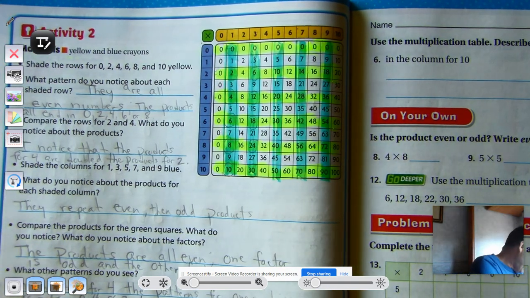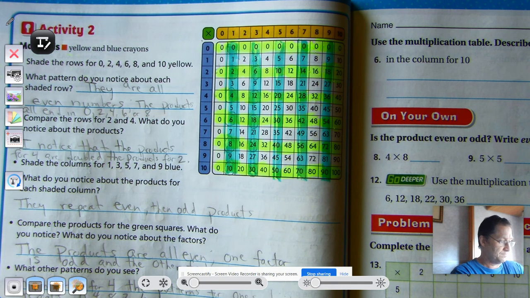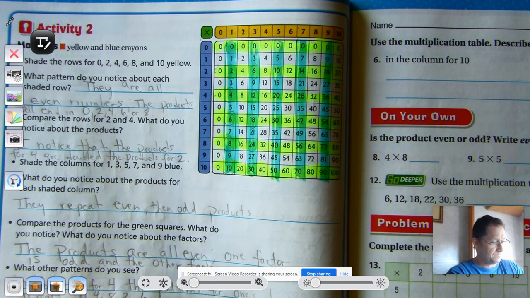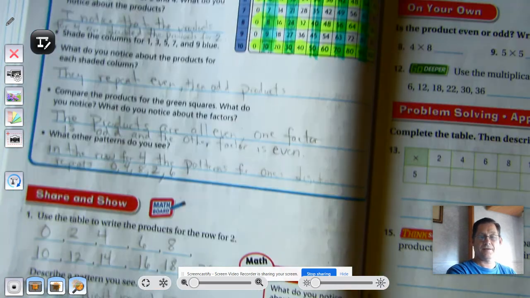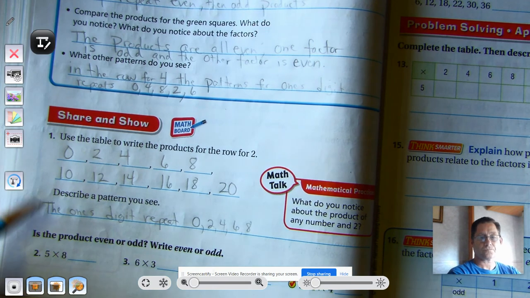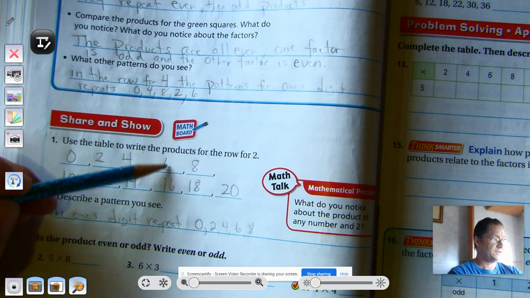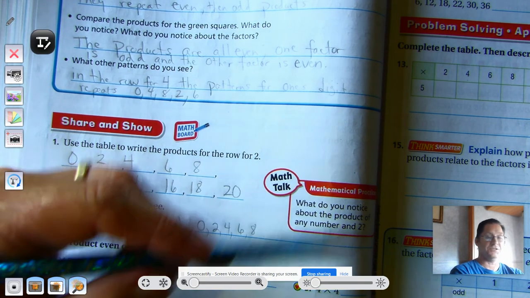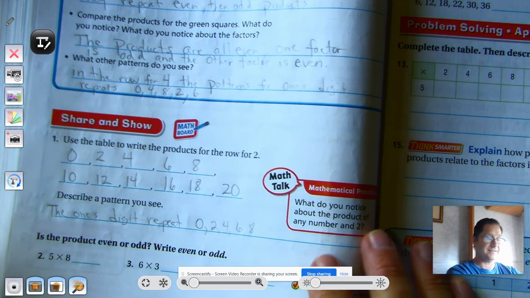So in this one, the 1's digit repeats 0, 2, 4, 6, 8, 0, and we just keep going like that on and on.